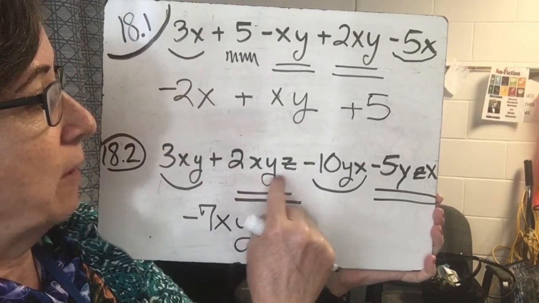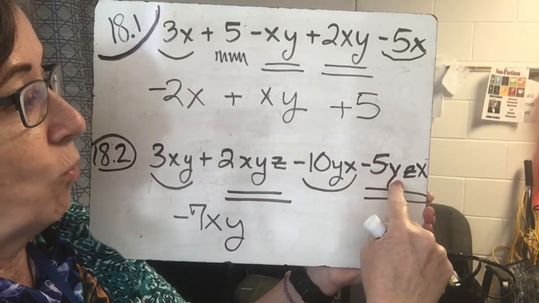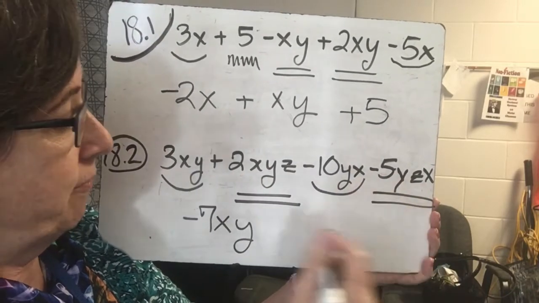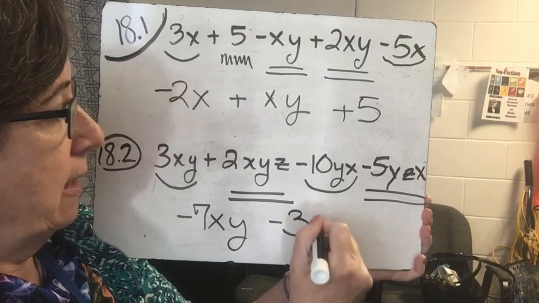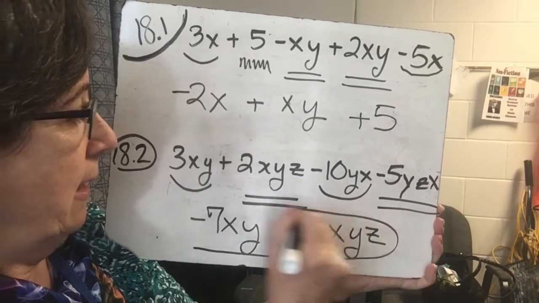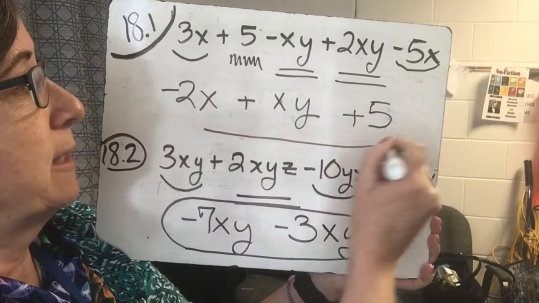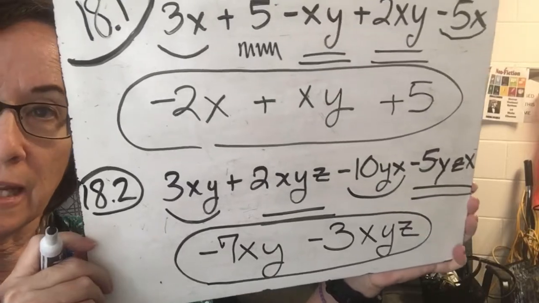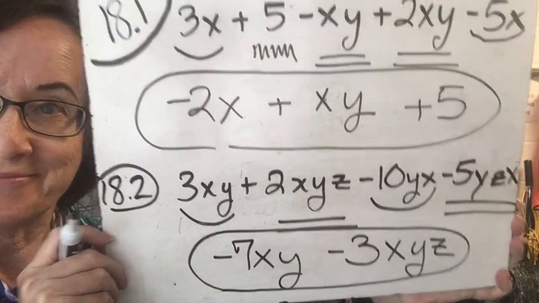A 2xyz and a negative 5yzx, they are the same term. So 2 and negative 5 is negative 3xyz. And now it's much simpler because we have added all of the like terms together. So now let's look at the next board.